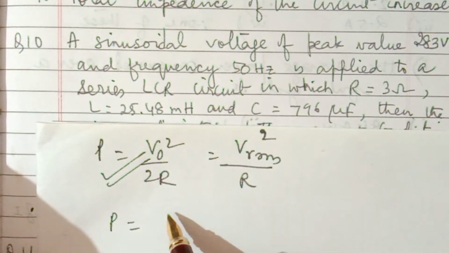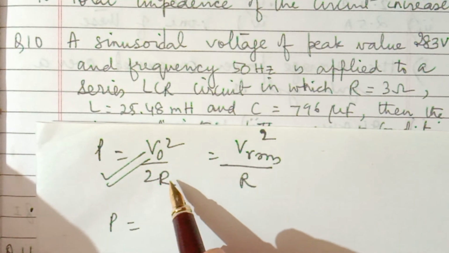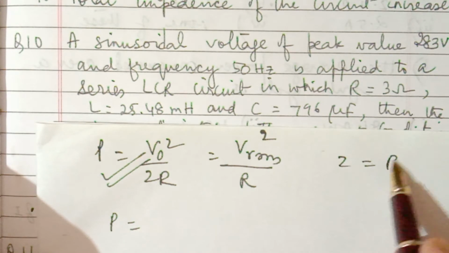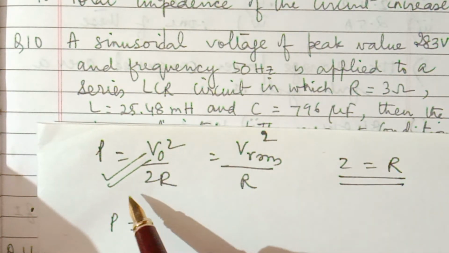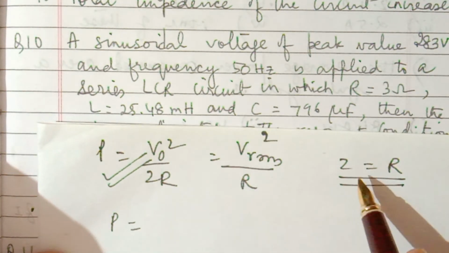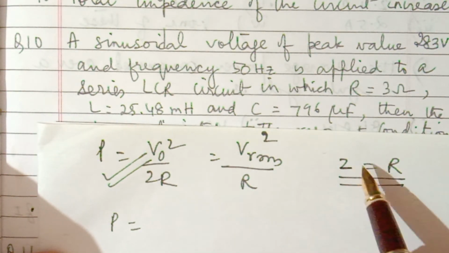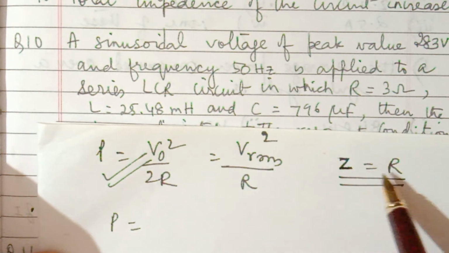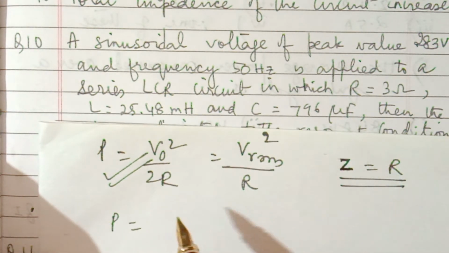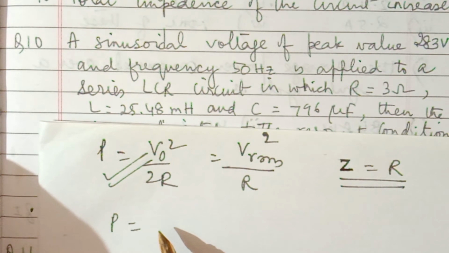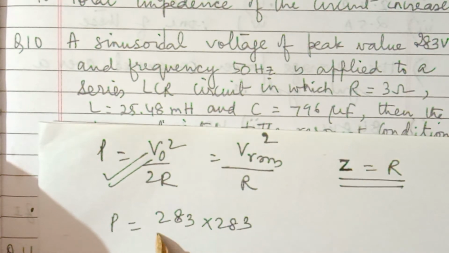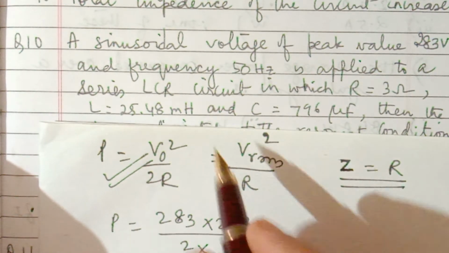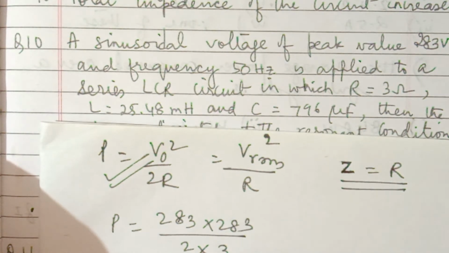You know this impedance Z is equal to resistance at resonance condition. So that's why I have taken V naught square by 2R. Okay, this is for resistive circuit or LCR circuit at resonance condition. So that's why we can use this formula. So 283 into 283 by 2 into R, R is 3.